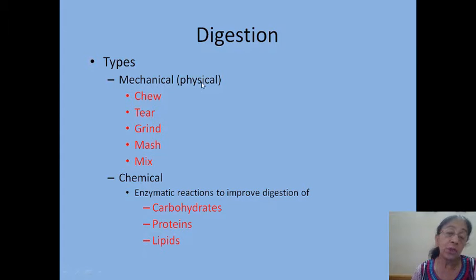Physical digestion includes the tearing, chewing, grinding, mixing and mashing of food, and chemical digestion is the breakdown of complex food material into simpler soluble material.